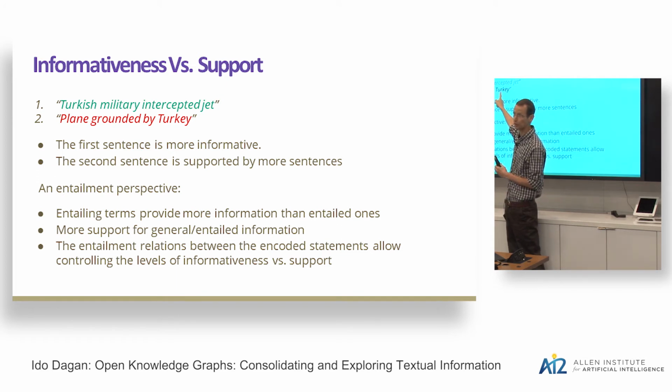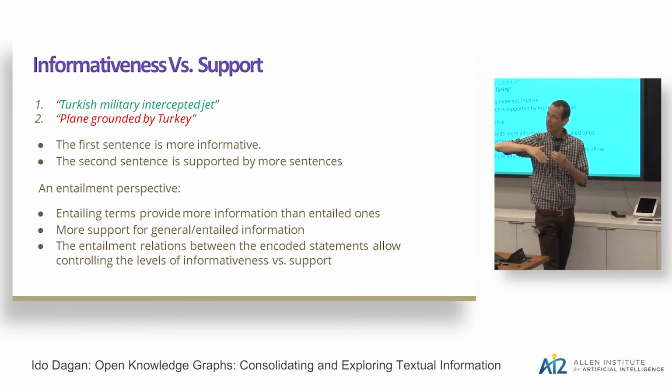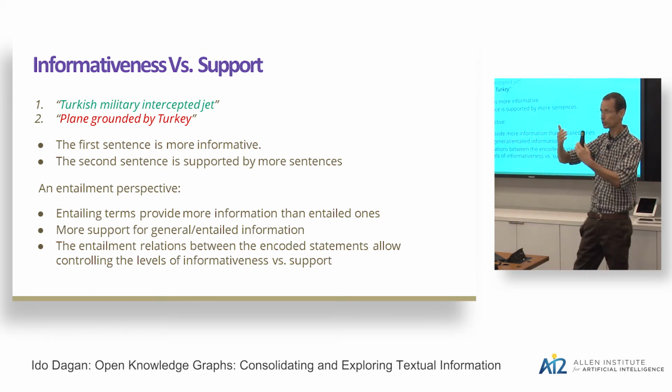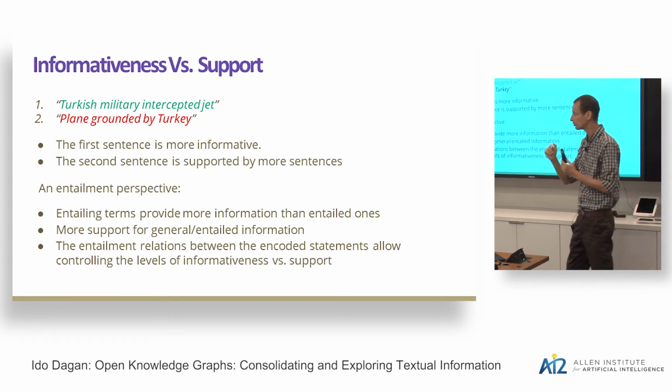In a sense, it's more salient or more certain, right? You see why? Because this sentence also implies this one. That's why the information conveyed in the second sentence has two supporting sentences, while the first one has only one. So we have here an interplay: as information becomes more general, it conveys less information, but it typically has higher support.